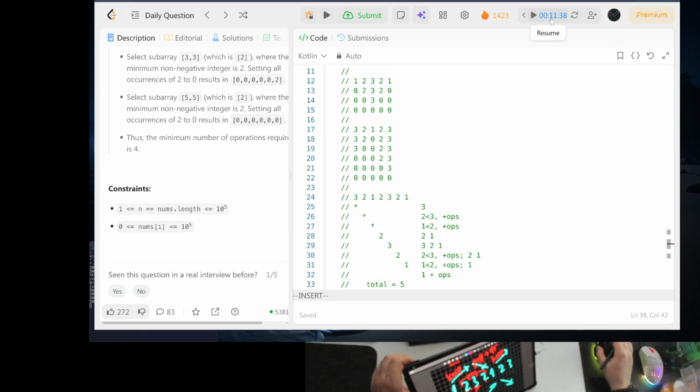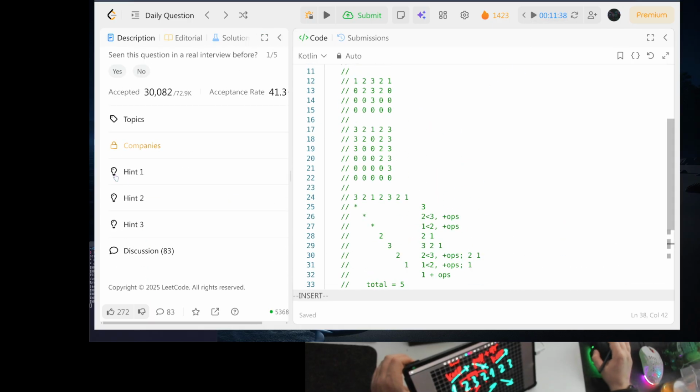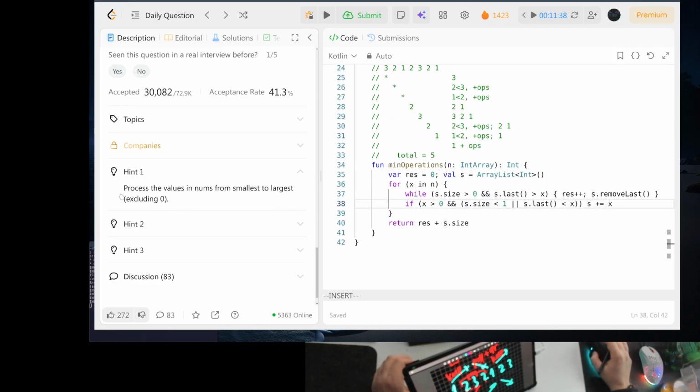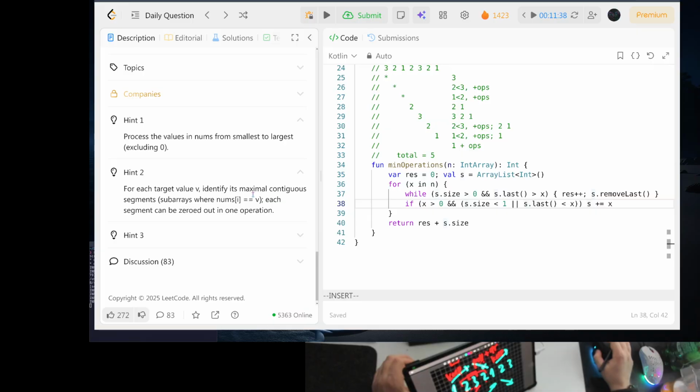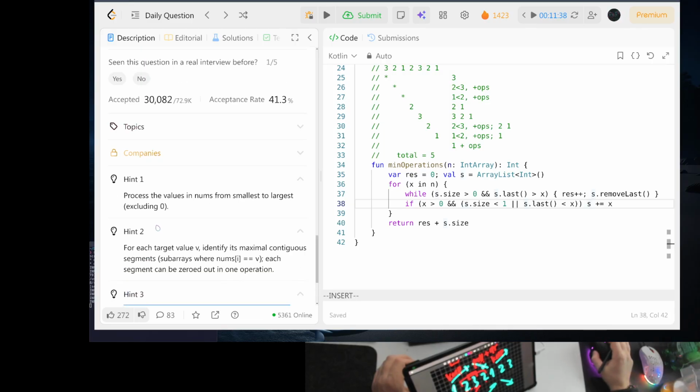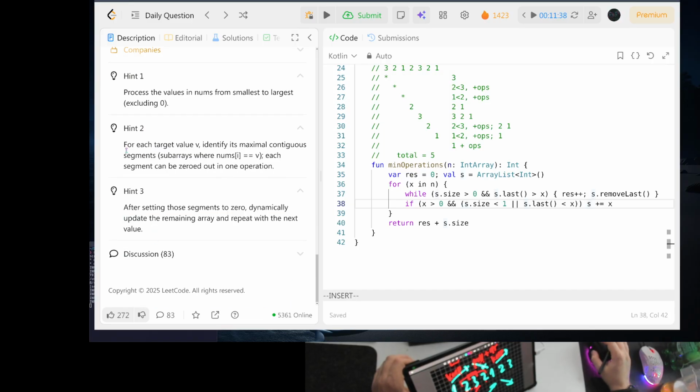That's it, I solved it in 11 minutes. Let's look at the hints, maybe there are better solutions. This is interesting because I didn't understand the hints.